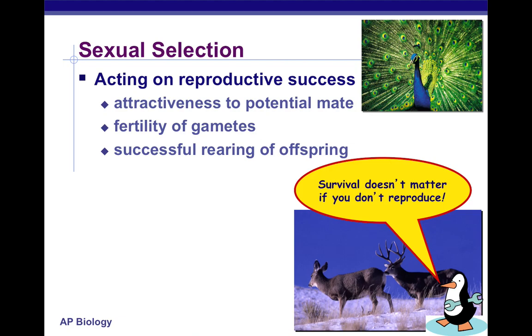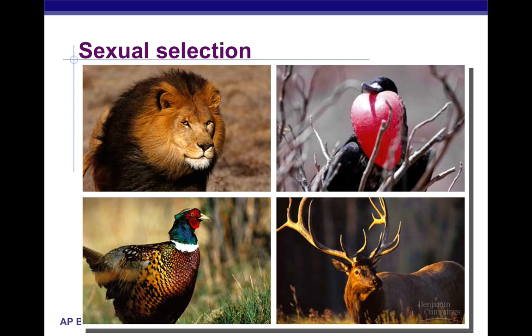If you can't reproduce for whatever reason, your genes aren't going to be spread. So you need some kind of reproductive advantage, meaning that you're more attractive in a certain way to your mate so that you can reproduce and spread your genes. Examples we talked about are manes, different colorations in birds, and antlers, which are also a sign of reproductive success.